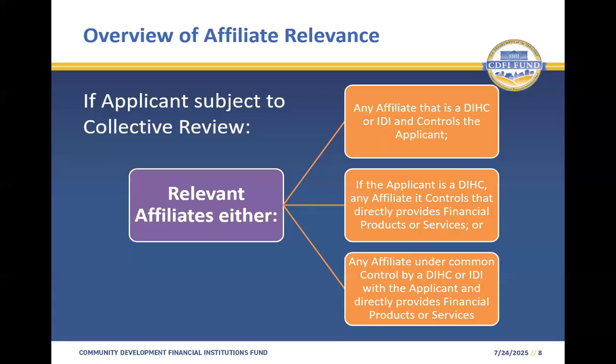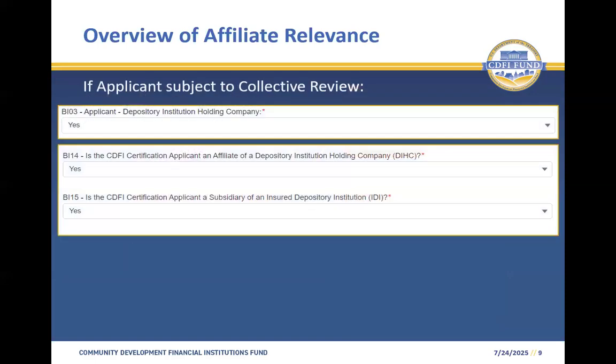And then the last one would be any affiliate under common control underneath a DIHC or an IDI with the applicant, and it directly provides financing activity. So let's move on to the next aspect.